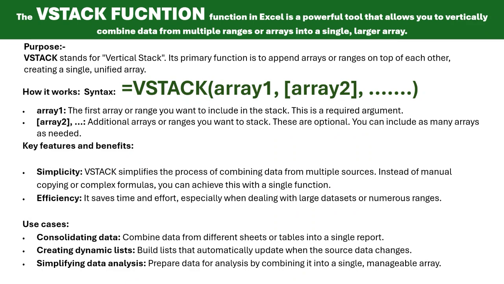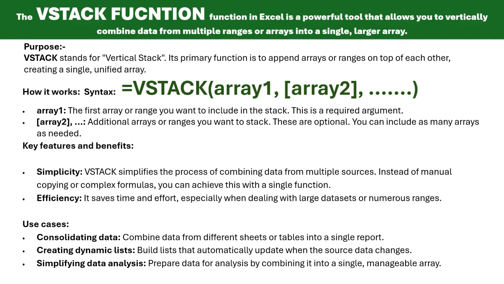Its key features and benefits: this function simplifies the process of combining data from multiple sources, instead of manual copying and complex formulas. You can achieve this with a single function. Efficiency: it saves time and effort, especially when dealing with large data sets or numerous ranges.